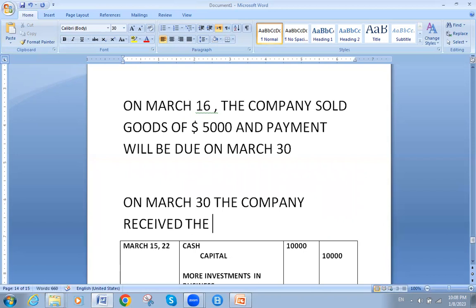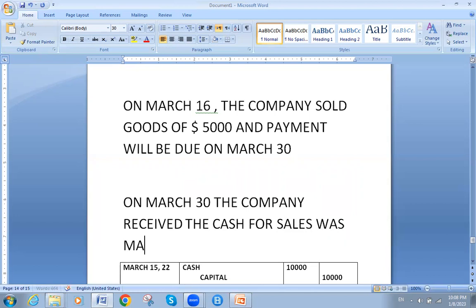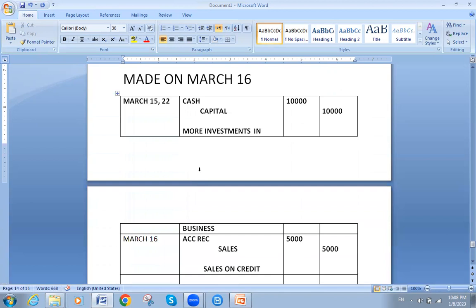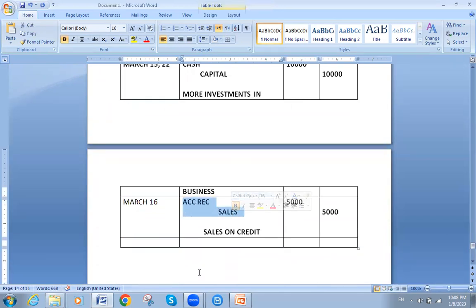the cash for sales that was made on March 16. So here on March 16, we sold for $5,000, but we didn't take money. For that reason, we said from account receivable to the sales.